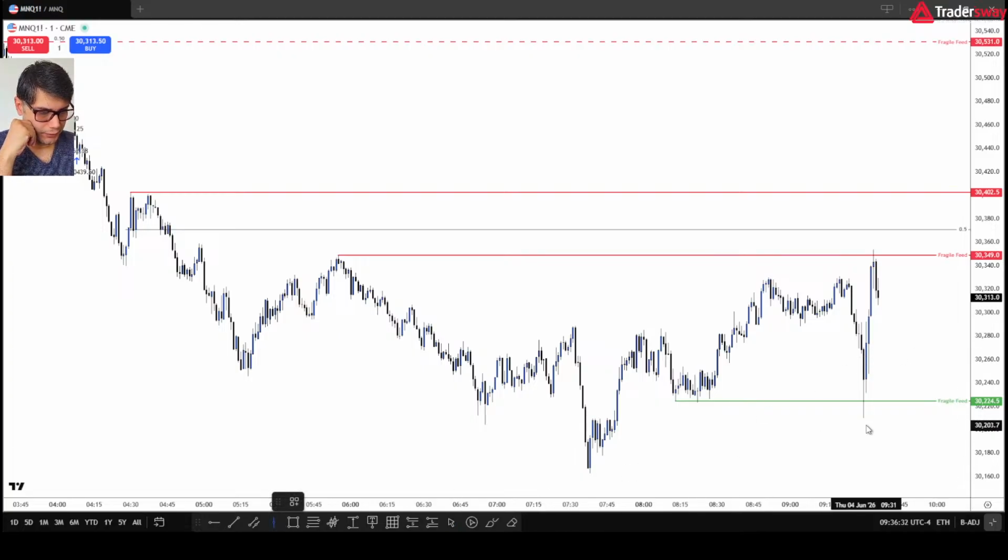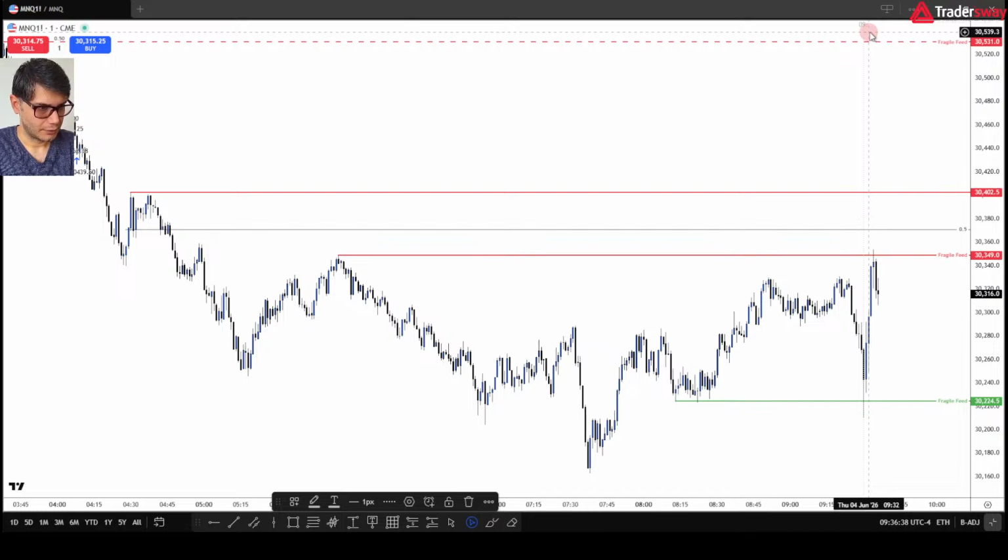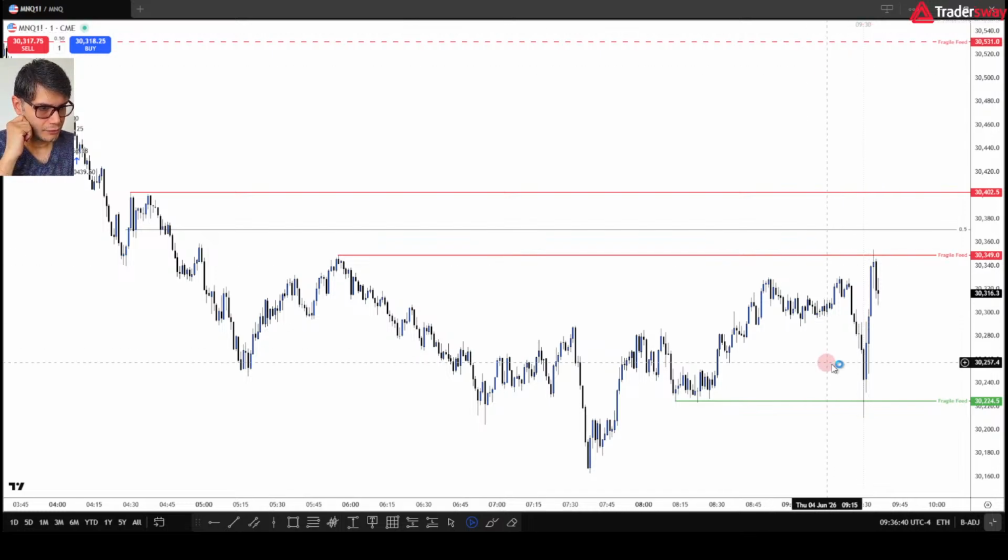Where is 9:30? That's 9:30. So at 9:30 the market tapped into the liquidity below this fee at $228.